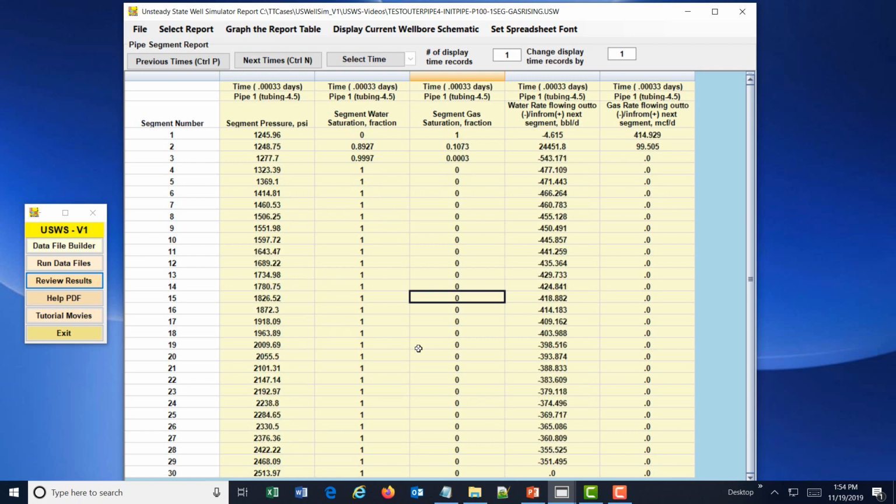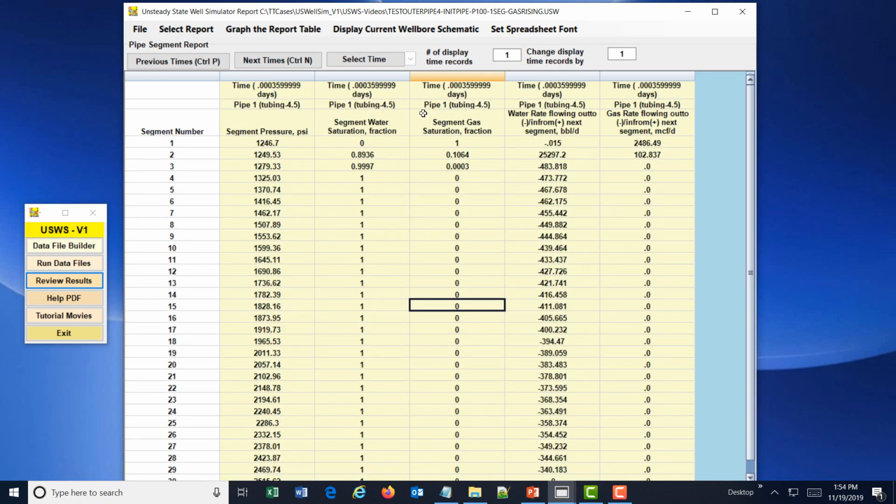We originally had 1 segment at the bottom. Now we have 1 segment at the top and a little bit more due to gas expansion at the lower wellhead pressure than the original initialized pressure at the bottom of the well. So there's a gas expansion as well. So we have recovered all our gas, accumulated at the top of the well.